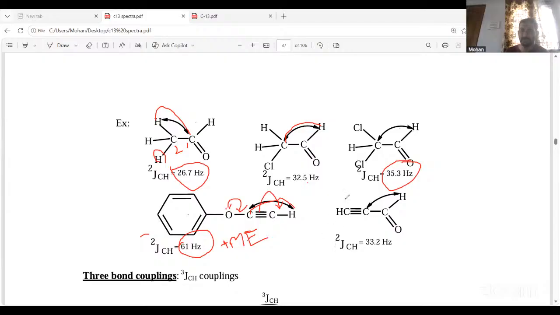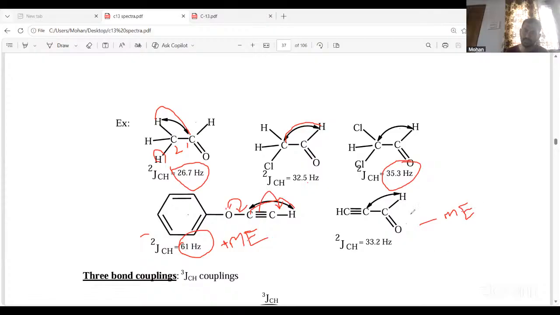Now, when this acetylene is attached with an aldehyde compound here, you see this has a withdrawing nature, right? Where this oxygen is a donating plus M group, this aldehyde is a minus M group. Minus M group generally means it is attracting the electrons.